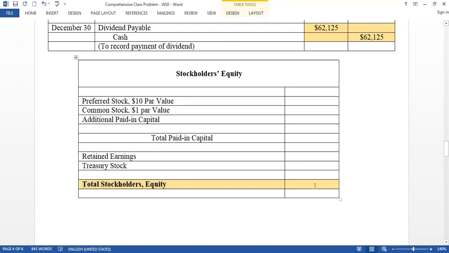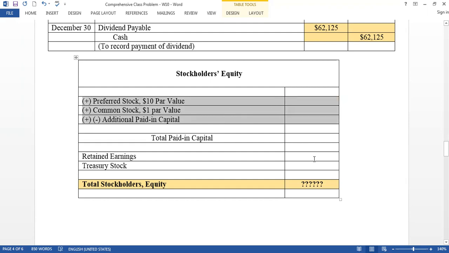So how did this number come? We are going to add preferred stock, and we are going to add common stock. And additional paid-in capital, for your information, is sometimes plus, sometimes minus. So first we are going to plus or minus these three.